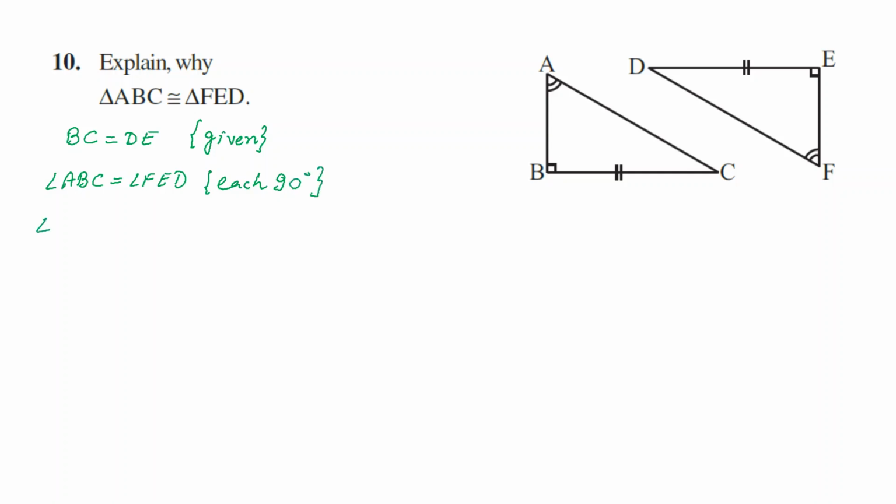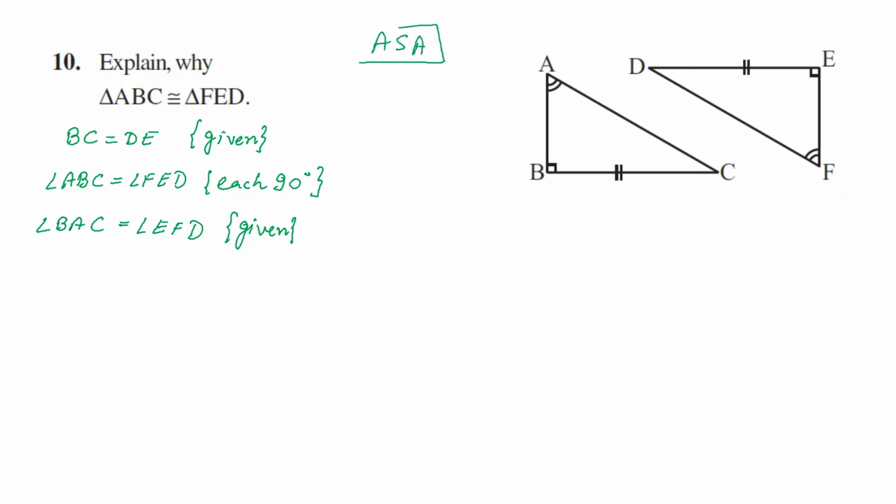And also it is given that angle BAC is equal to angle EFD. This is also given in the question. Now which congruence criteria should we use? Two angles are given and one side is given, so it has to be ASA.